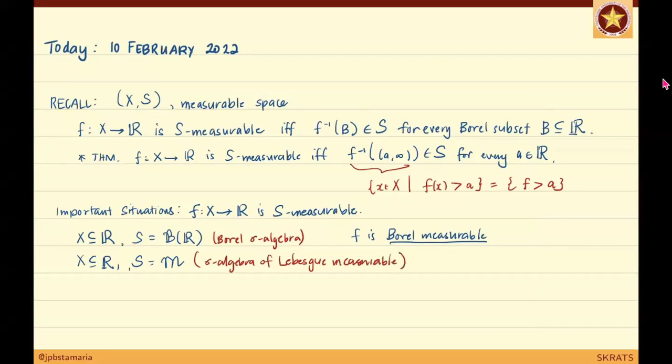Paano maka-classify ng isang subset ng R to be Lebesgue measurable. Si F tinatawag nating Lebesgue measurable. So paano magka-qualify ang function to be Lebesgue measurable? Kailangan ng inverse image ng bawat Borel set ay Lebesgue measurable.